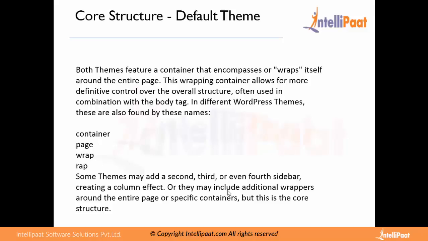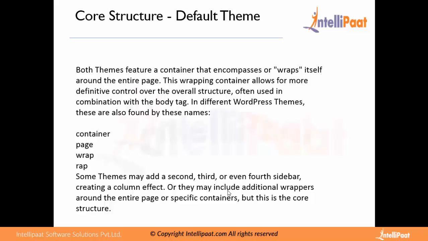Both themes feature a container that encompasses a wrap around the entire page. This wrap container allows you to be more definitive with the control of the overall structure, often used in combination with the body tag. Now body tag is like a basic tag which is generally used everywhere.